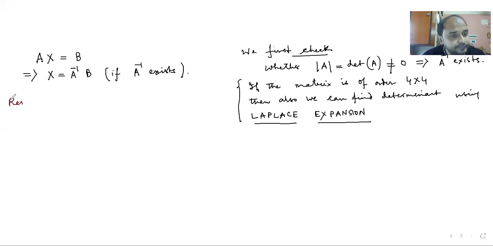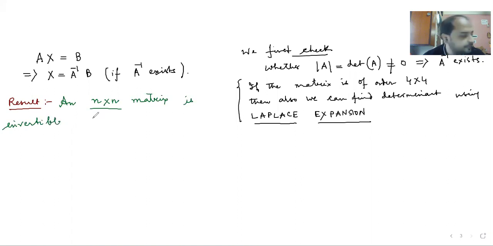It's a result: an n by n square matrix is invertible if and only if its rank is n.